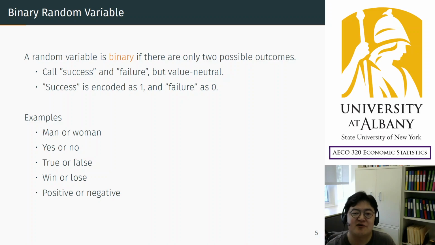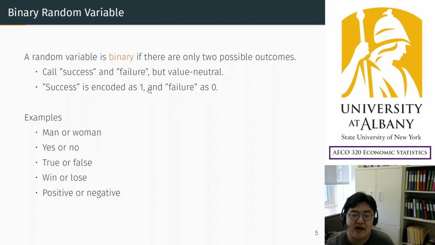It is just a tradition in statistics. And numerically, when we need a numerical description, I'm going to write success as 1 and failure as 0. So binary, 1 or 0. By the way, you may wonder why it should be 1 and 0. You may use 1 and 2, or 1 and minus 1. That is possible.